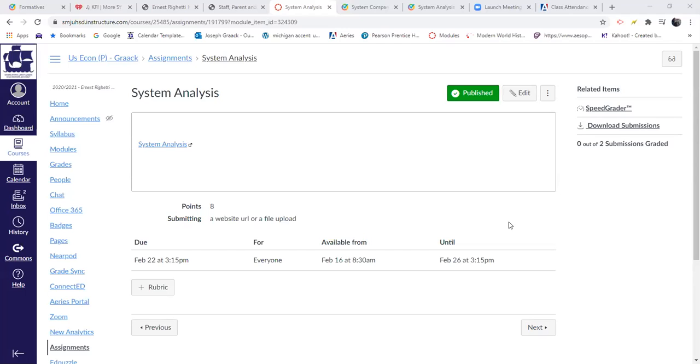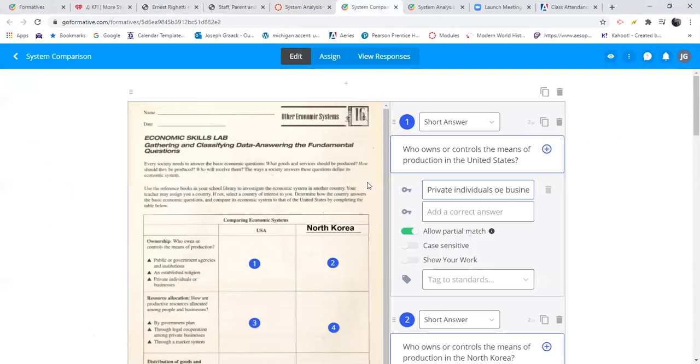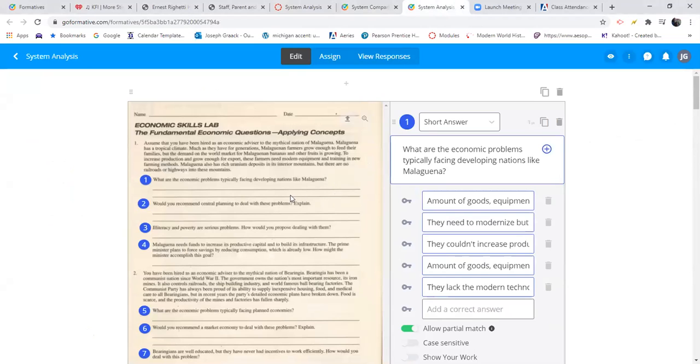Okay, so if we look at the first one, where it says system analysis, basically there's going to be two hypothetical situations.